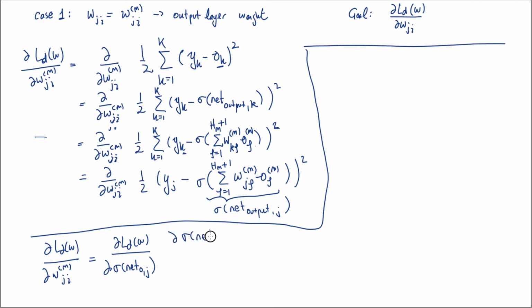And so this is using the chain rule. Okay, and this is using the chain rule, kind of that advanced chain rule where we had 3 terms.